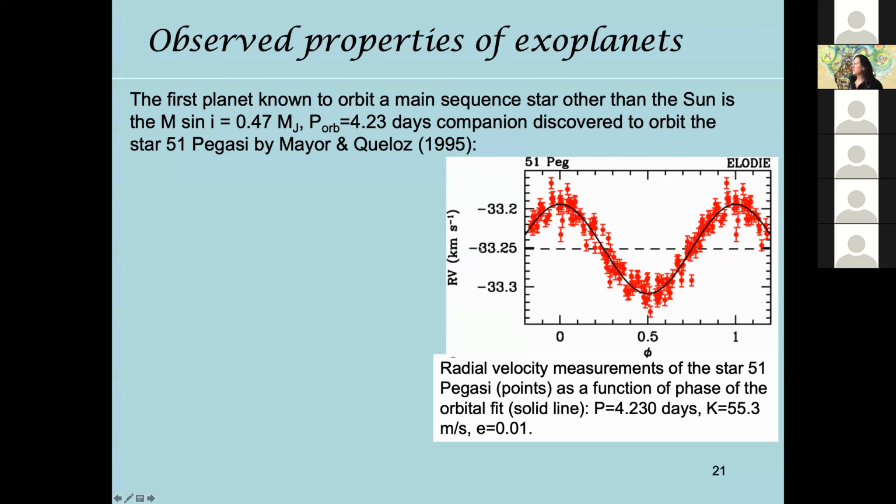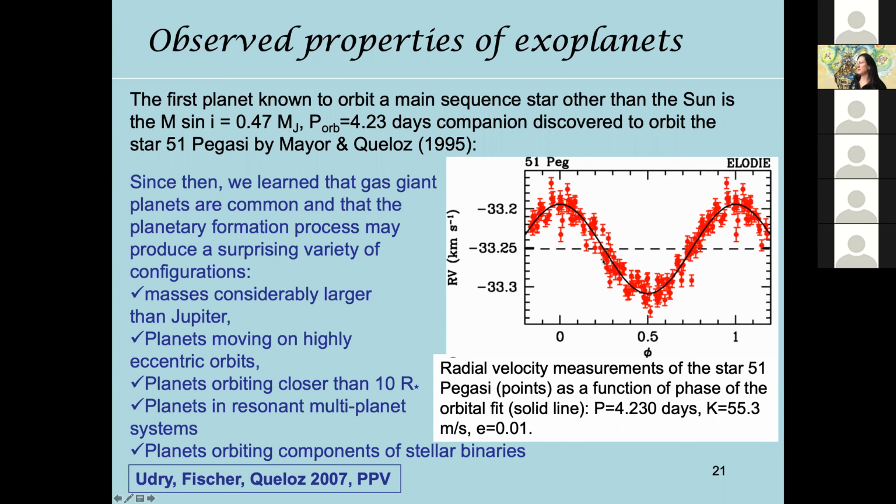And this is the radial velocity as a function of phase, or also you can consider the time, from one point to the next. So from here, you can get the period, and you can also get the K, the amplitude of the variation of the velocity, and the eccentricity. And I will show you in a minute how you do that.